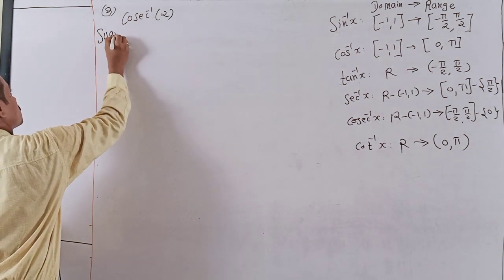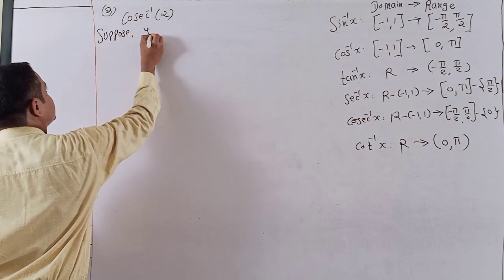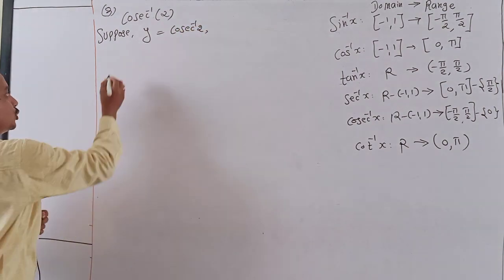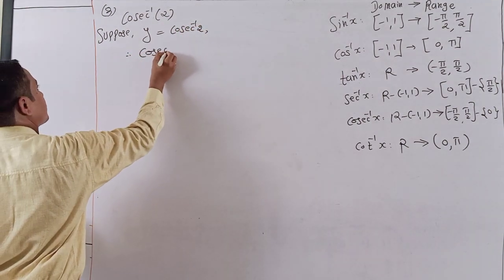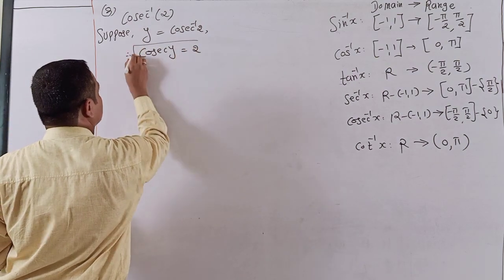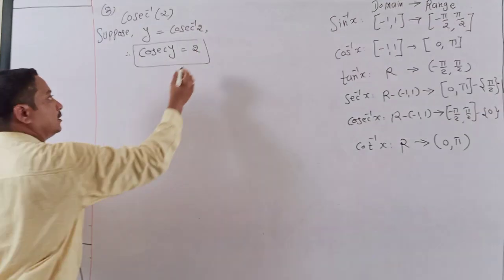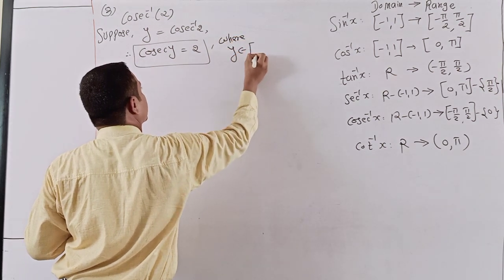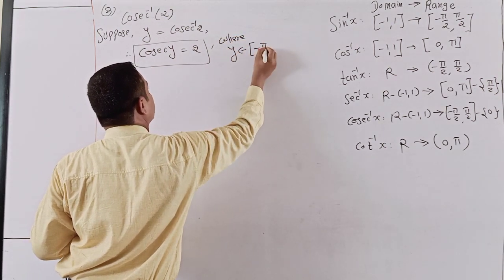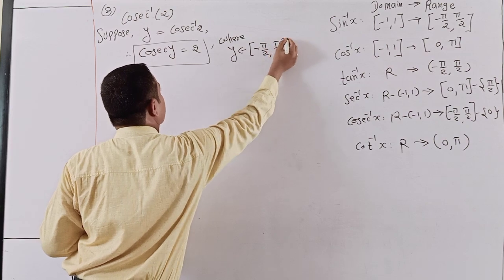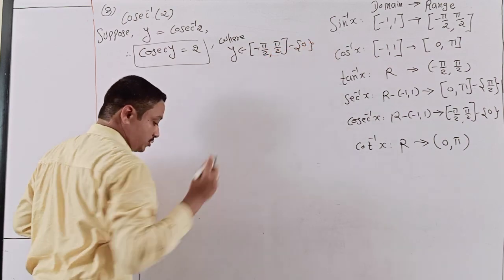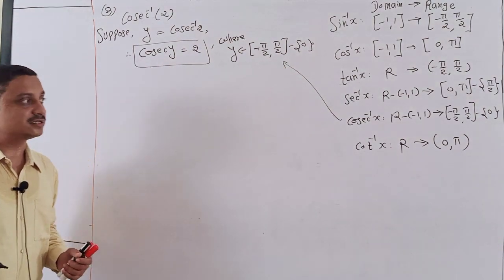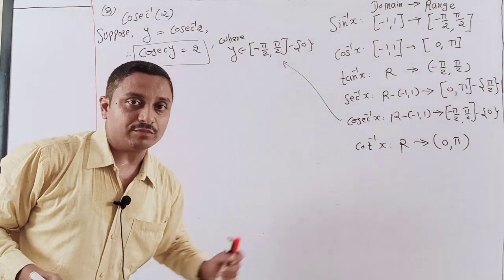Suppose y is equal to cosec inverse 2. So what is cosec y? It is equal to 2. And where mention y belongs to your range minus pi by 2 to pi by 2, and not 0. This range I cover here for cosec inverse: minus pi by 2 to pi by 2, minus 0.